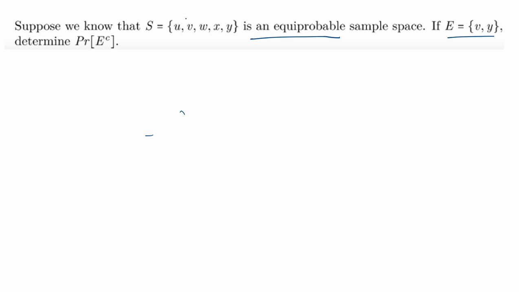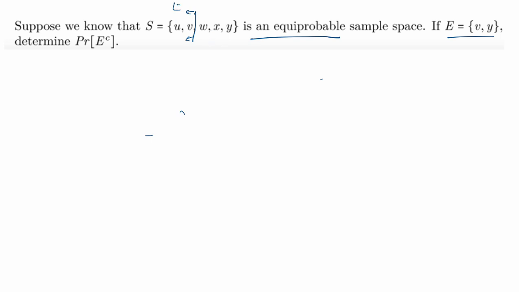So there are two ways of doing it. The first way is a little bit faster, but it doesn't matter. You can do both ways. E is this event, right? What is E complement?